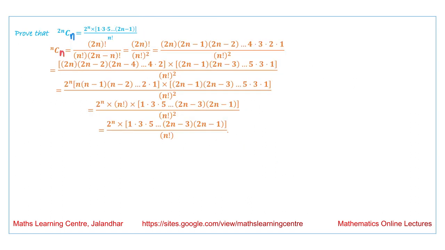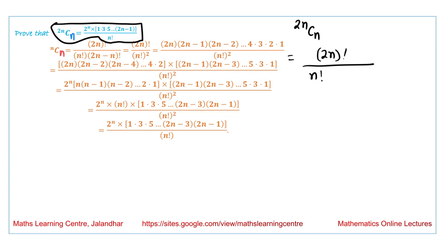Now next we have to prove the result that 2nCn is equal to this value. So we start with 2nCn. We are saying this is equal to (2n)! divided by n! into (2n − n)!. So this is equal to (2n)! divided by (n!)².